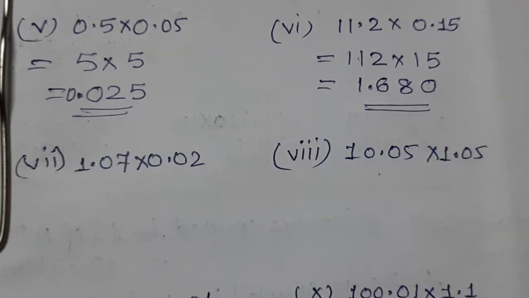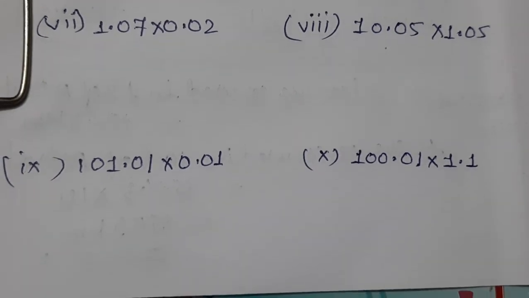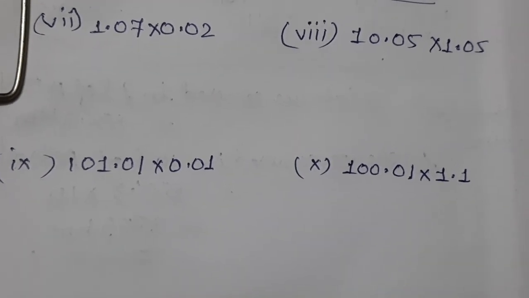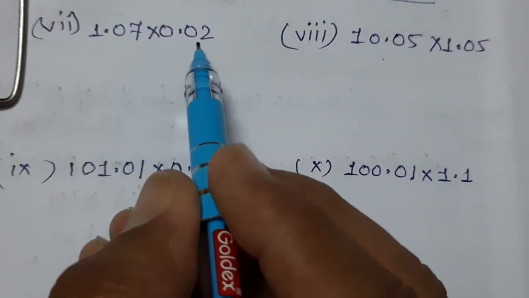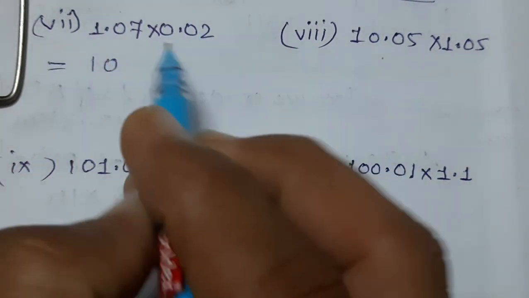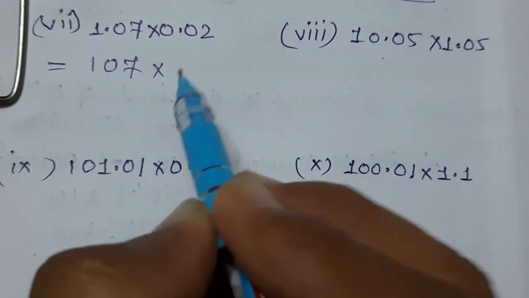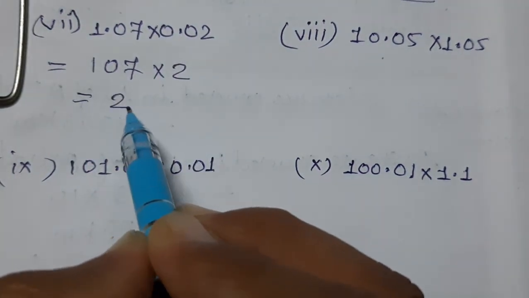Now the next one. See the next one, children. 1.07 into 0.02. So multiply simply first. 107 into 2 only. 107 2s are 214.